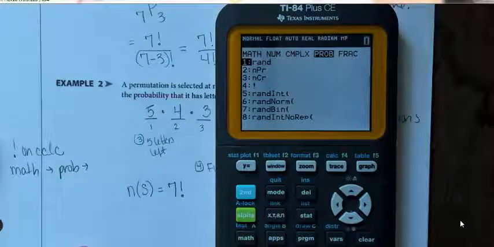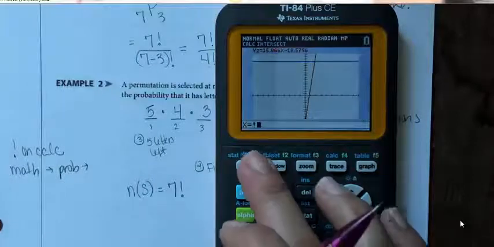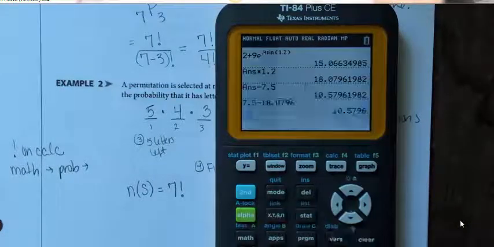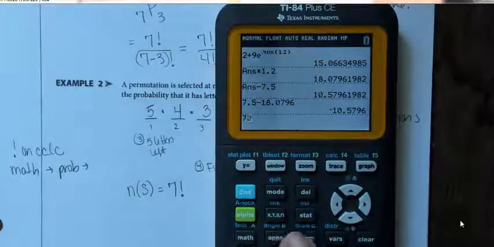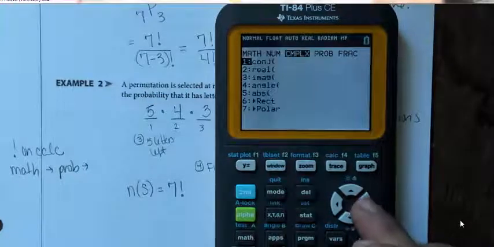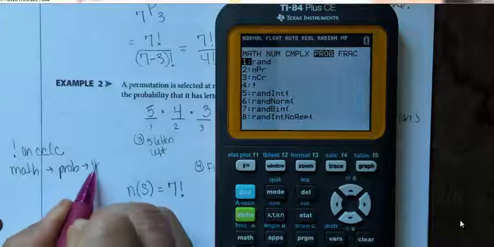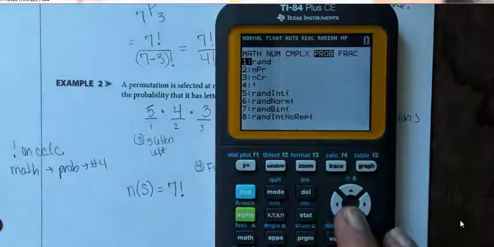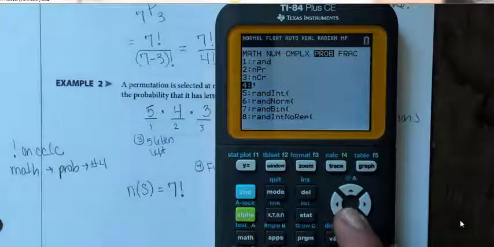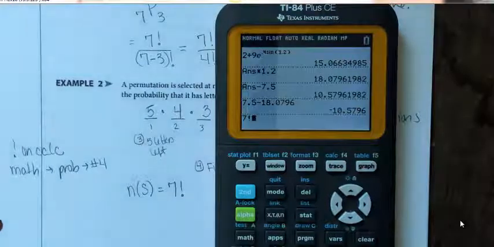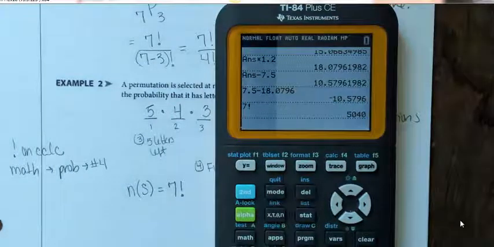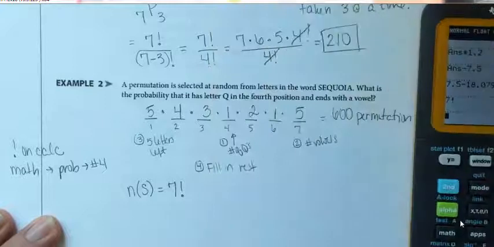It's going to be number 4. Oops, I did that in my graphing calculator, which is not what you want. So I'm going to do 7, then math, probability, and then it's number 4, which gives you 7 factorial. Press enter, and it does the math for you. So 5,040.